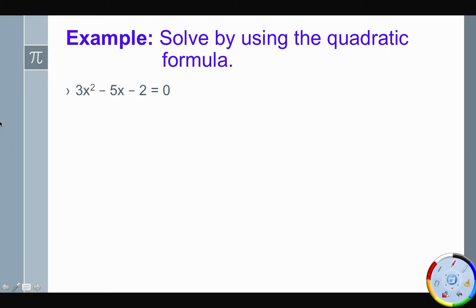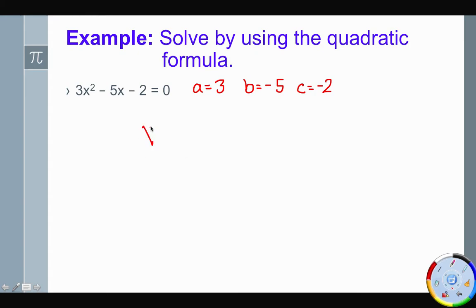First, we have to check: is this in standard form? The answer is yes, because it's ax squared plus bx plus c equals 0. So I pick out that a is equal to 3, b is equal to negative 5, and c is negative 2.